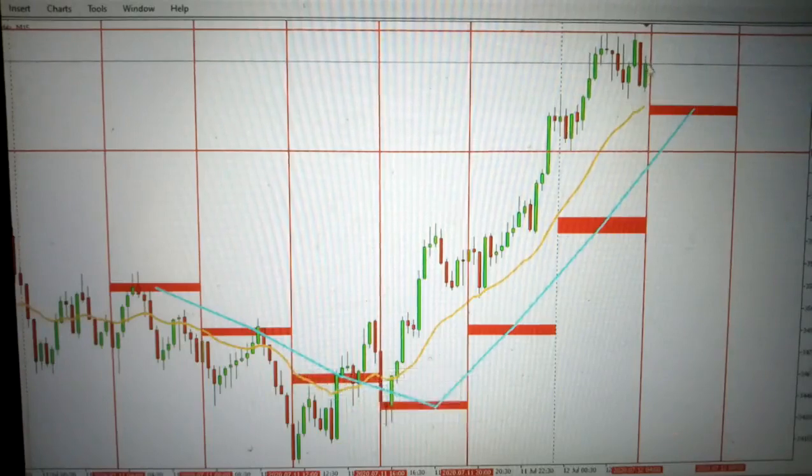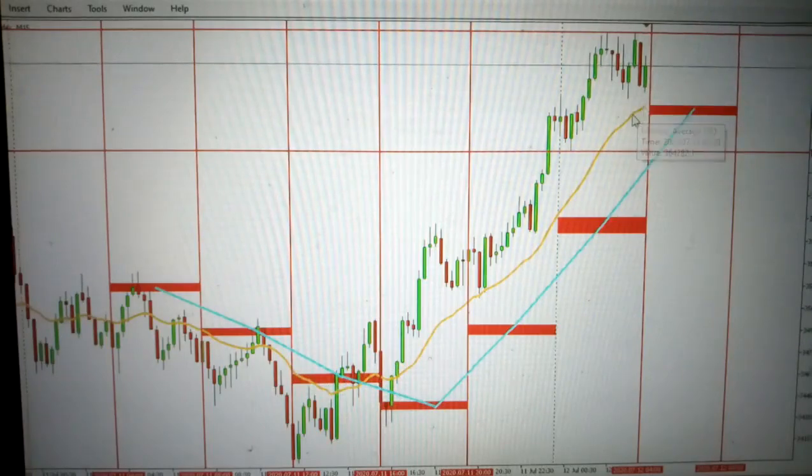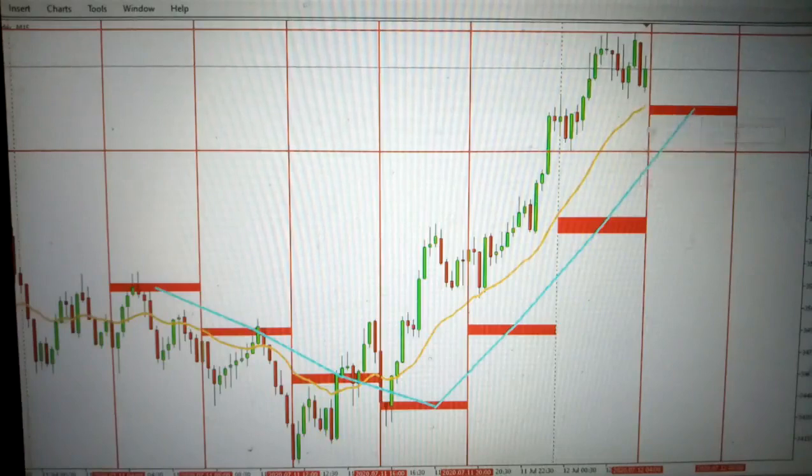But if price drops and this gold colored moving average crosses down on the cyan, I should expect a reversal or retracement.